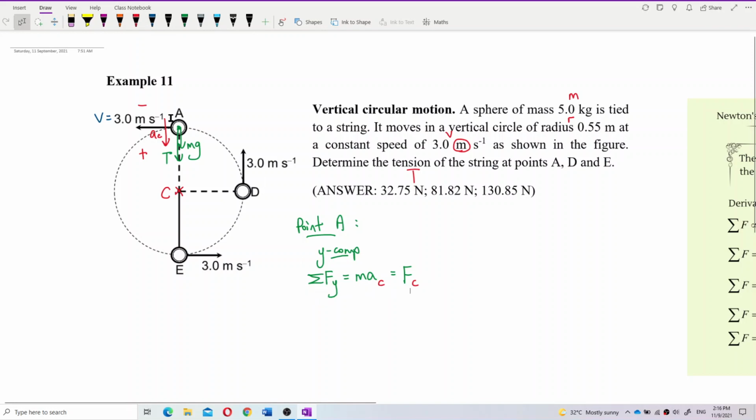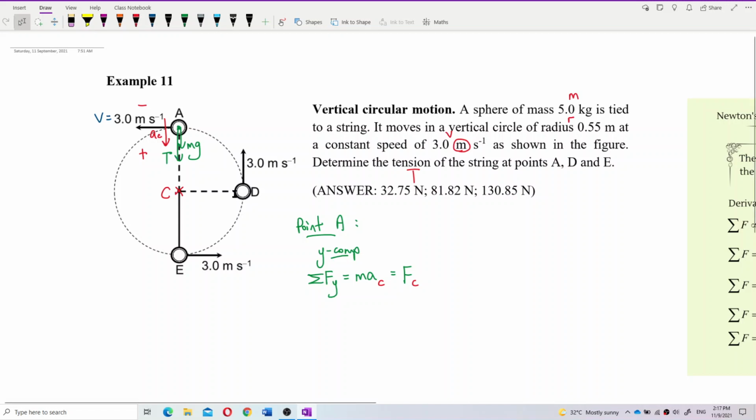Now let's find out what the forces are in the y component. We have the tension and the mg, the tension and the weight. Both of these are in the same direction as the acceleration, isn't it?